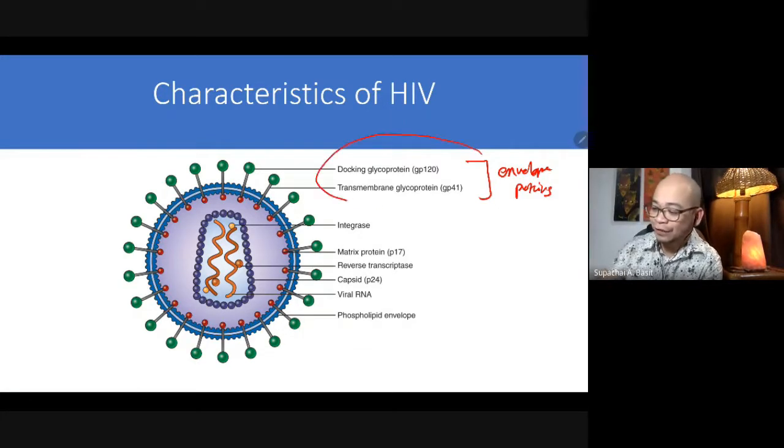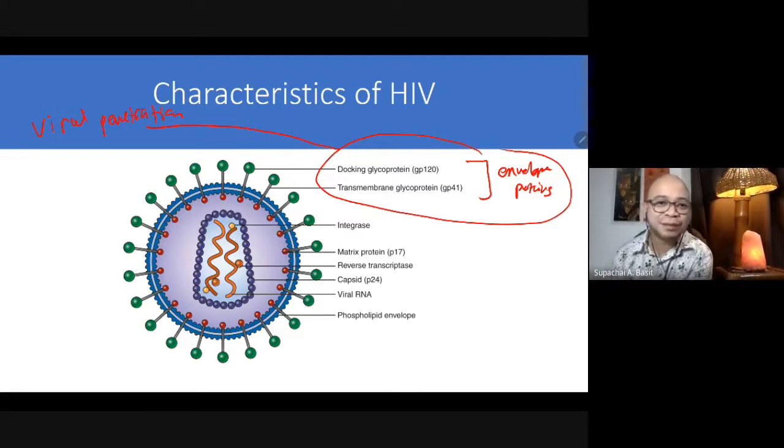This particular envelope glycoprotein is important for viral penetration, particularly when the virus will try to fuse itself into the cell membrane of the T helper cell. Okay, and then we also have the matrix protein, the P17, and then the capsid or the core protein, which is the P24.